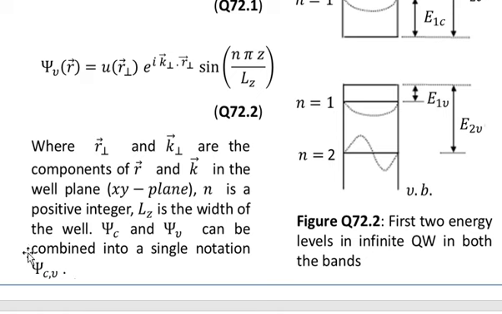So this is the notation that we shall use, and when we write only C as a subscript, it will represent the Bloch wave function for the conduction band, and when we write only V as a subscript, then it will represent equation number 72.2.